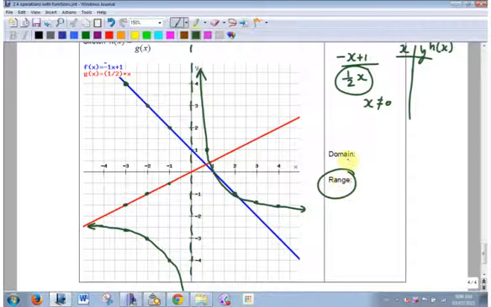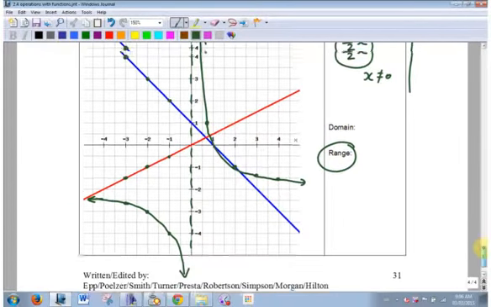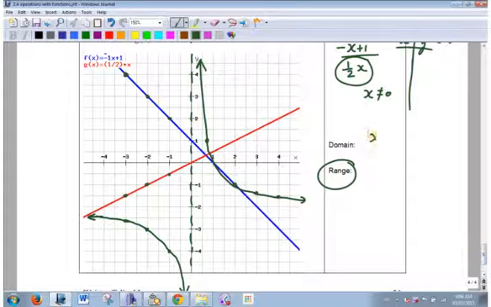But first, let's do domain. What's the domain? What are the x values on this graph? All the x greater than or equal to 0, and all the x less than or equal to 0.